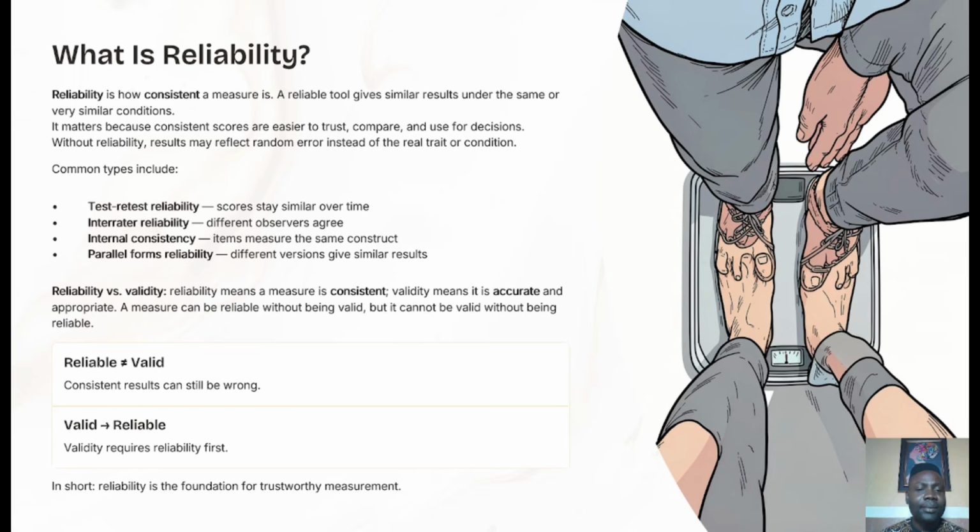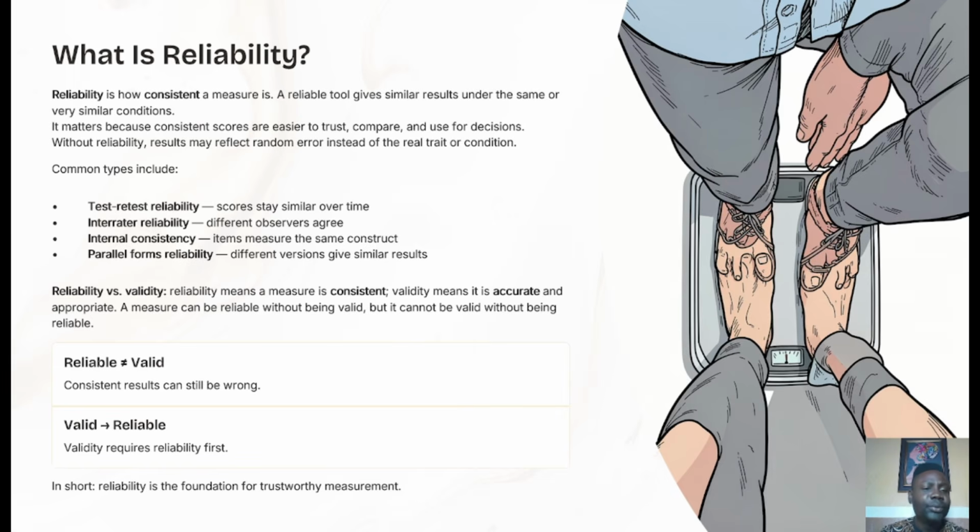The reason we need it to be consistent is to be able to trust the instrument and use it for decision making. So without reliability, results may reflect random error instead of real traits or conditions.